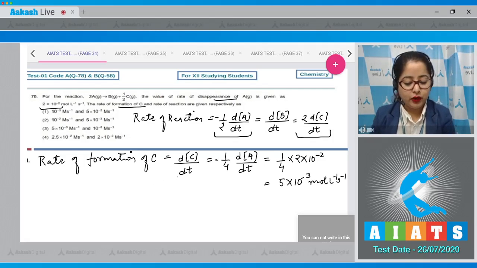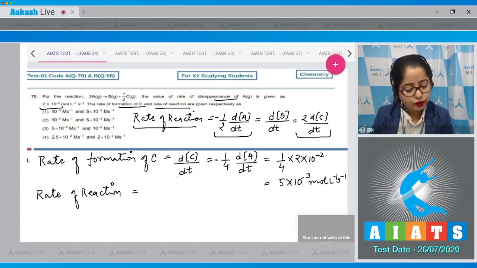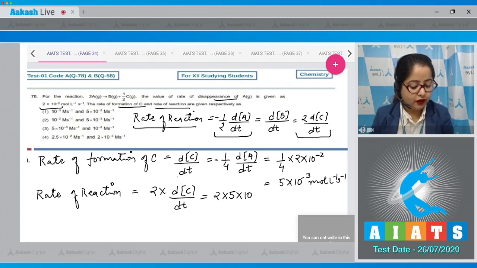Now students, we have to calculate rate of reaction. Since rate of reaction is equal to 2 multiplied by the rate of appearance of C, rate of reaction is equal to 2 multiplied by the change in concentration of the product C, that will be equal to 2 multiplied by 5 into 10 raised to the power minus 3, which is equal to 1 into 10 raised to the power minus 2 mole per liter per second.